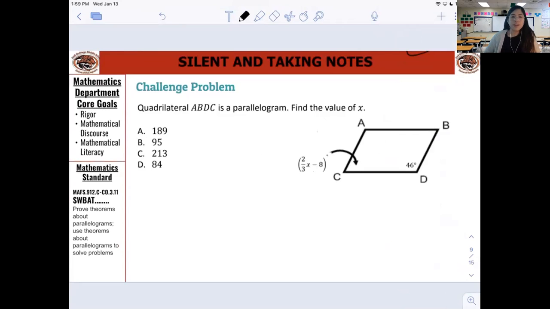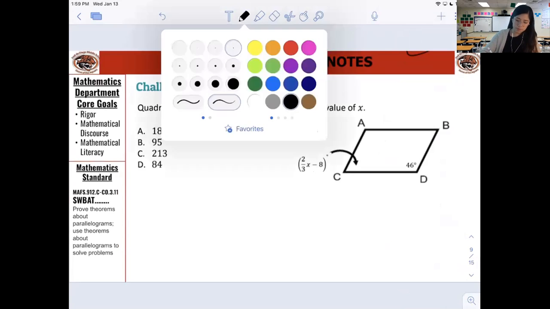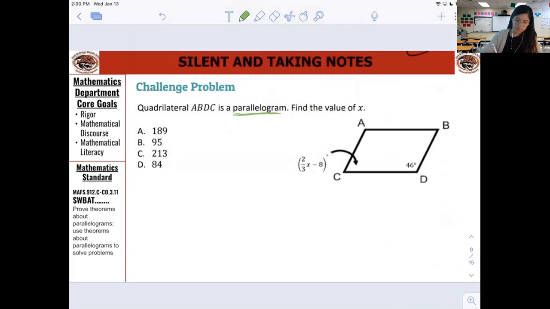Okay. All right, so what relationship can I use in this example? We can use the ones we used last time. Which is what? Opposite angles are congruent. Consecutive angles are supplementary.